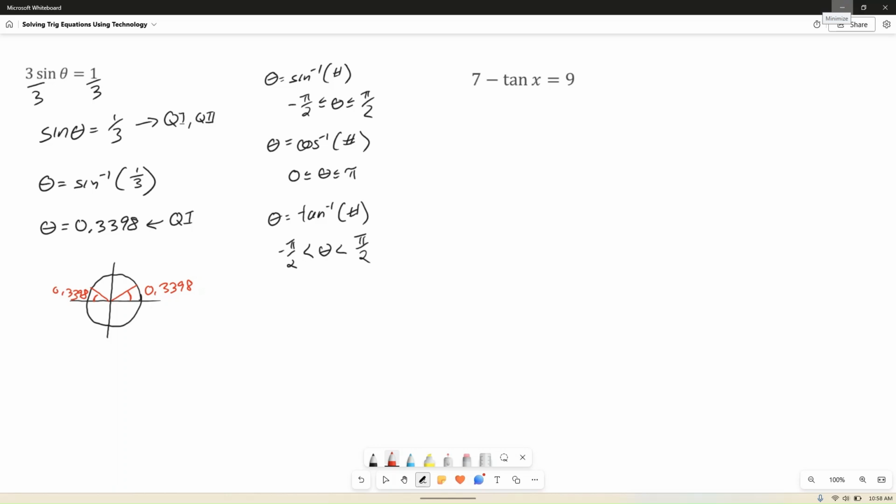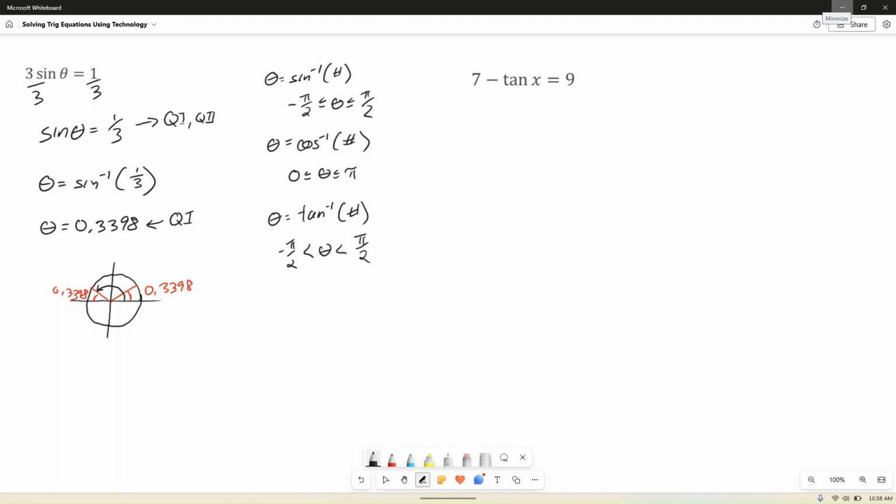Okay, but the 0.3398 is not the rotation from the positive x-axis to the second quadrant. It's the rotation from the terminal side of our angle to the negative x-axis. So how do we figure out the angle of rotation from the positive x-axis all the way to that terminal side? Well, if we rotated all the way from the positive x-axis to the negative x-axis, that would be pi. But we're going to stop short.